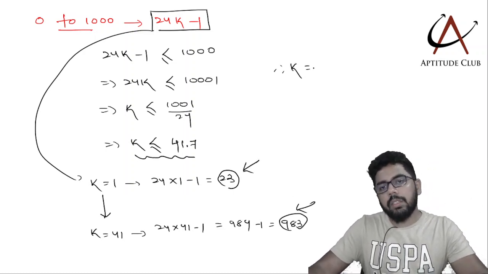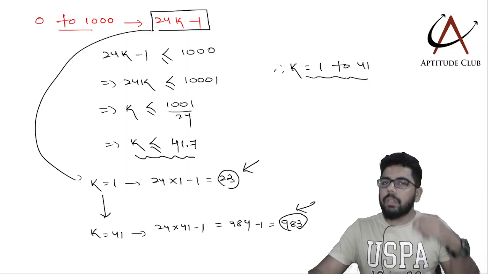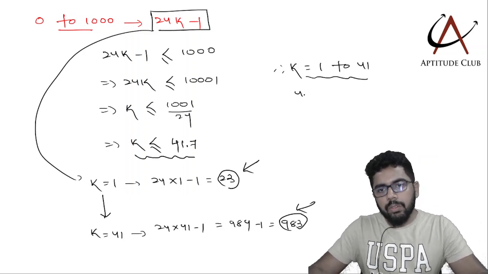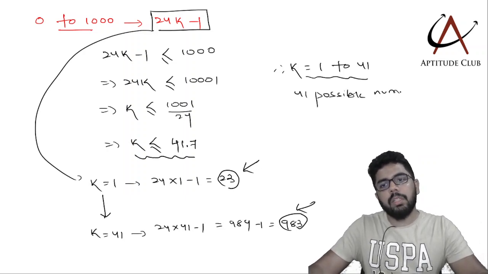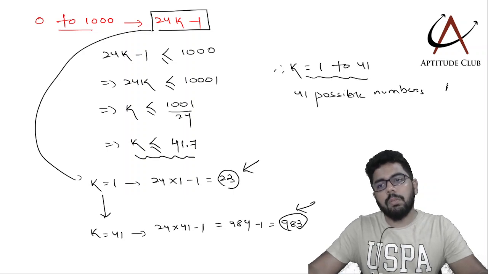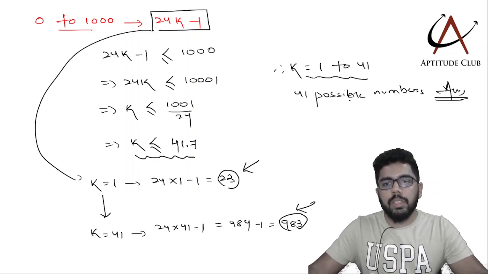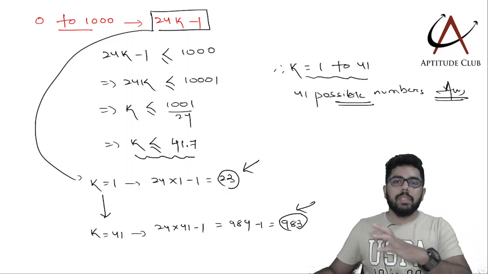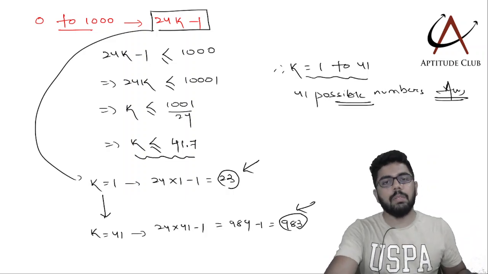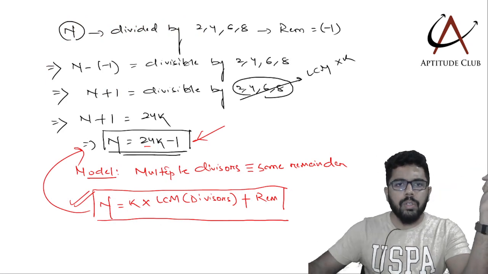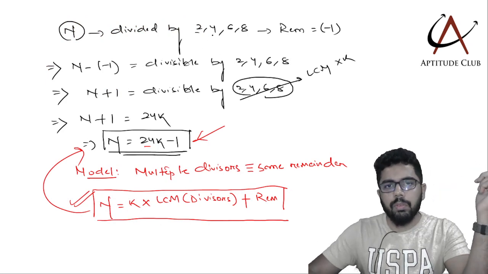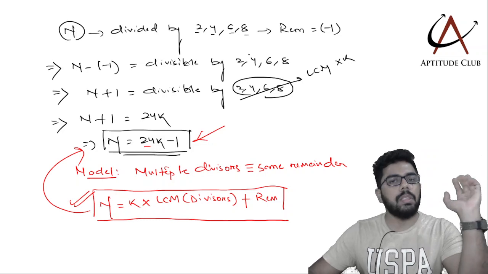Hence from k equal to 1 till 41, for each value of k you will get a value of n. So 41 possible numbers are there. How many numbers are possible? So 41 possible numbers are there, which when divided by 2, 4, 6 and 8 will leave a remainder 1, 3, 5 and 7 respectively. 2 mein remainder 1, 4 mein remainder 3, 6 mein remainder 5, 8 mein remainder 7.